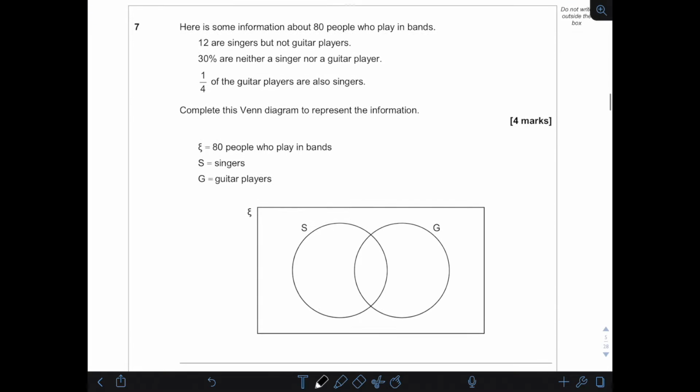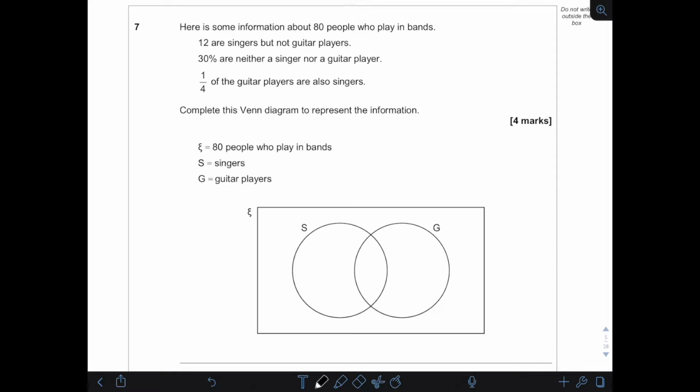Okay, so next we have some more, I assume these are more statistics questions. I've never read these questions before, so I have to work it out myself.